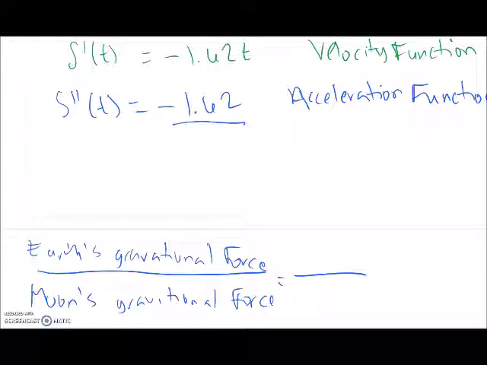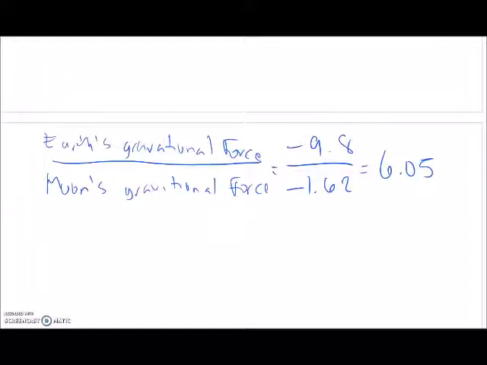Well, the Earth's is negative 9.8, and the moon's is negative 1.62, which gives us approximately 6.05. So this here is the ratio of the Earth's gravitational force to the moon's, which is 6.05.